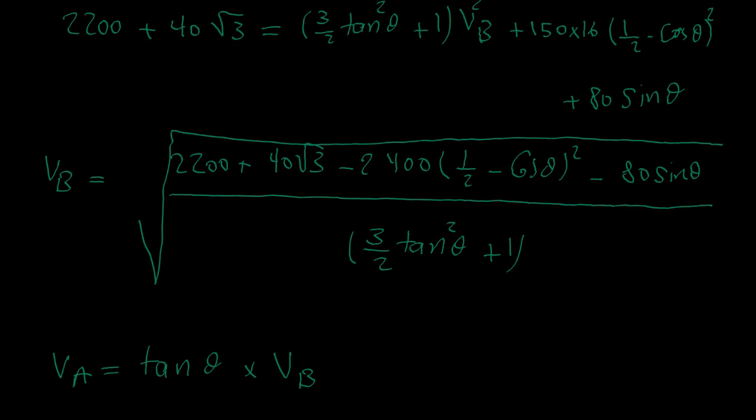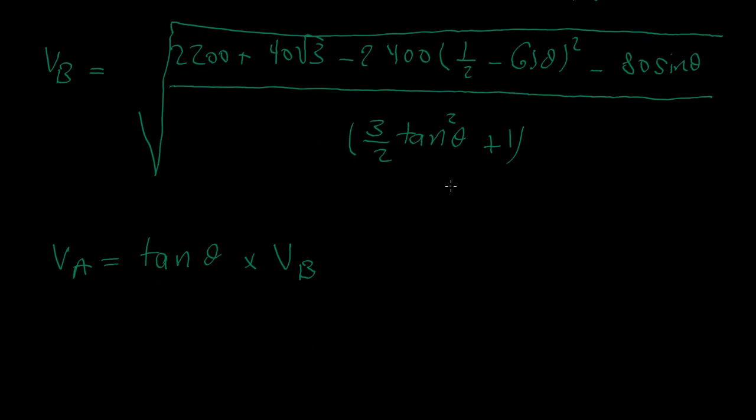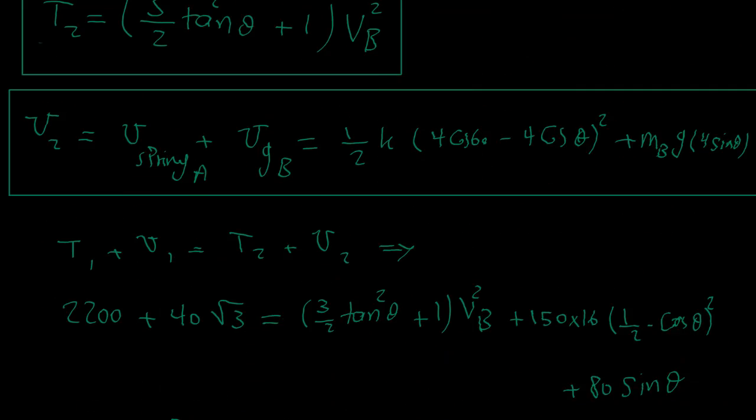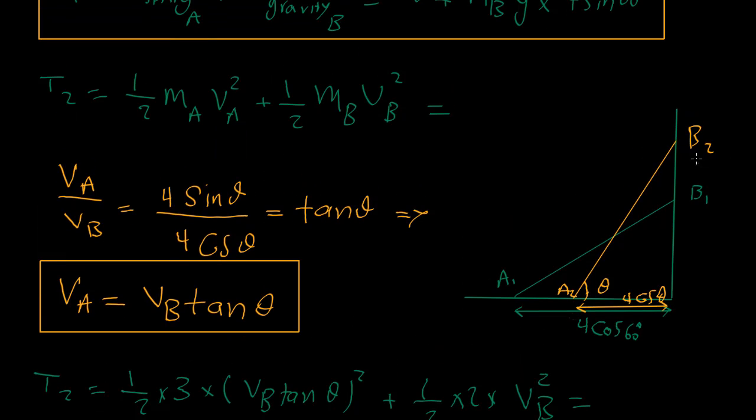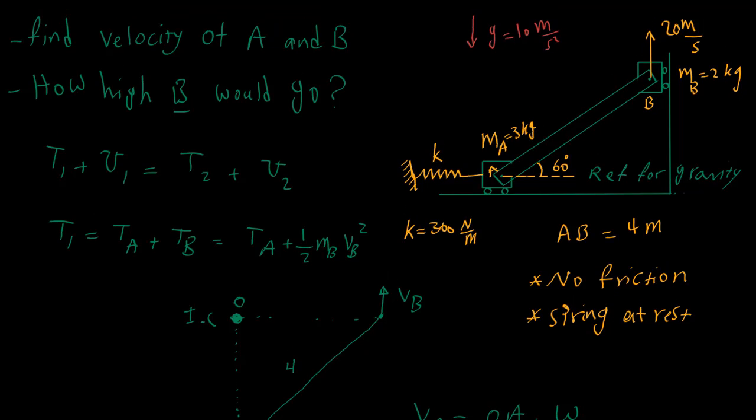So if we want to find the theta maximum, or actually how high the slider B would go, here as the slider is going up, this slider is going to the right, this angle is just increasing. So at the end, when this slider B reaches velocity of 0, that angle theta would be maximum.